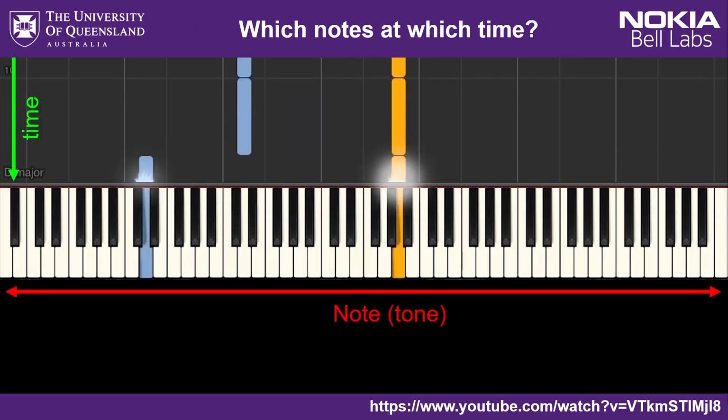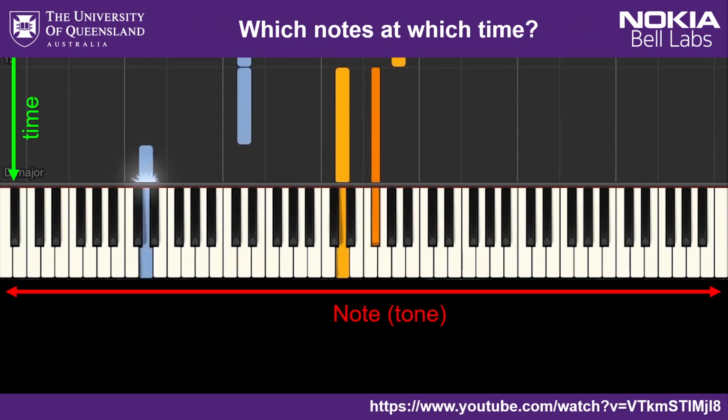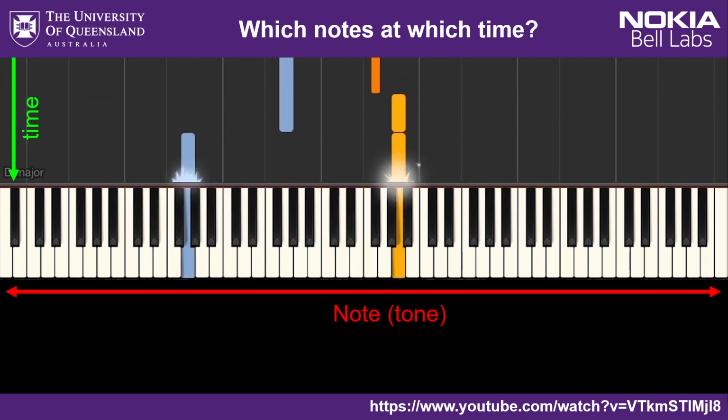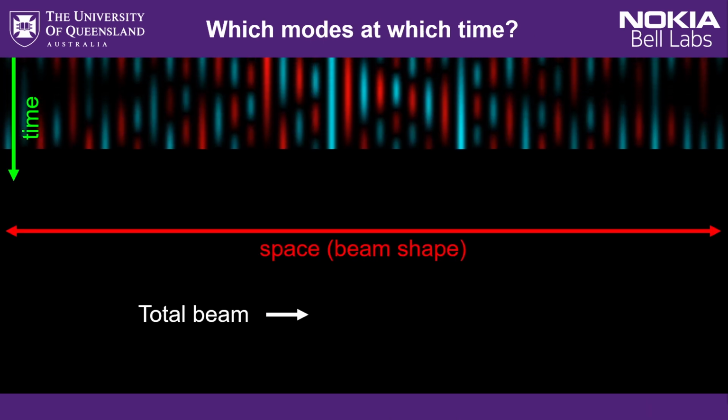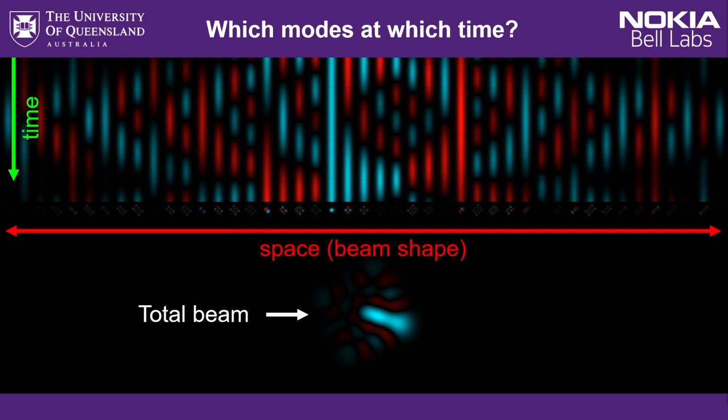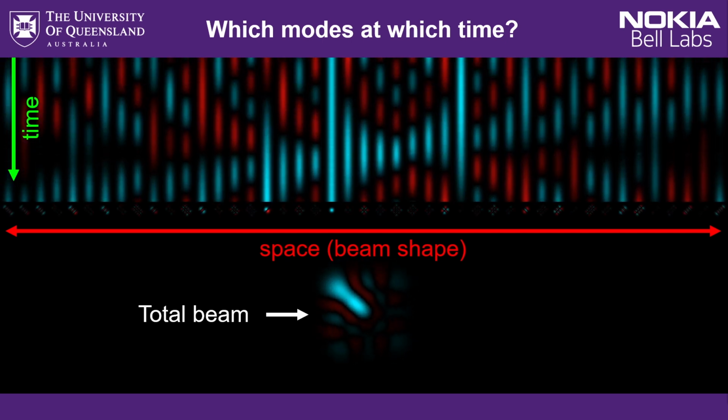You can think of that 2D light sheet like sheet music or a piano roll. But instead of the sheet music telling you what note combinations to play at what times, our light sheet encodes what 2D Laguerre-Gaussian mode combinations to play at what times.